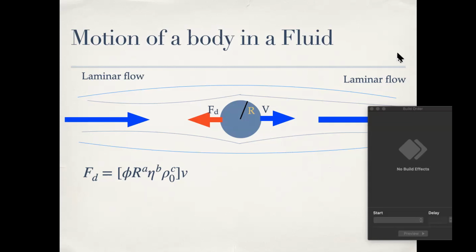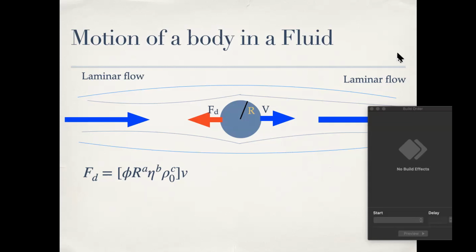So if I denote the radius of the sphere by capital R, viscosity as always by the Greek letter eta, and the density as rho sub 0, then following our previous discussion of dimensional analysis, we assume that this proportionality coefficient is proportional to a certain power of the radius, to another power of the viscosity, and to some other power of the density of the air or the liquid, rho sub 0.